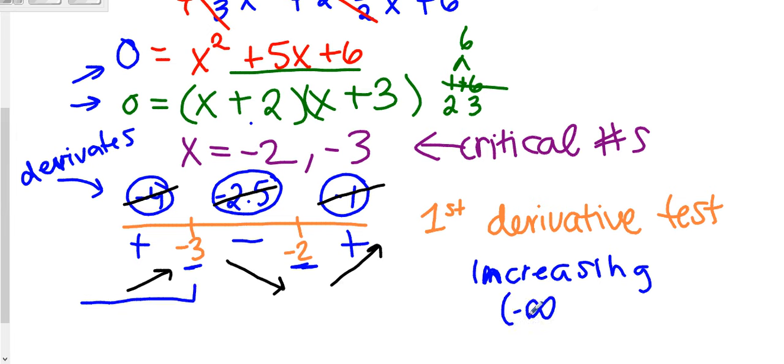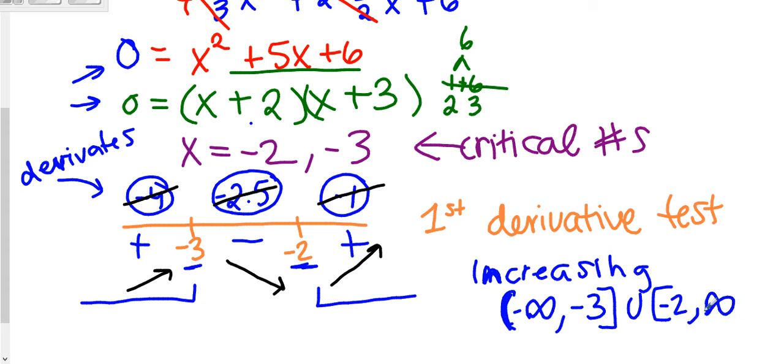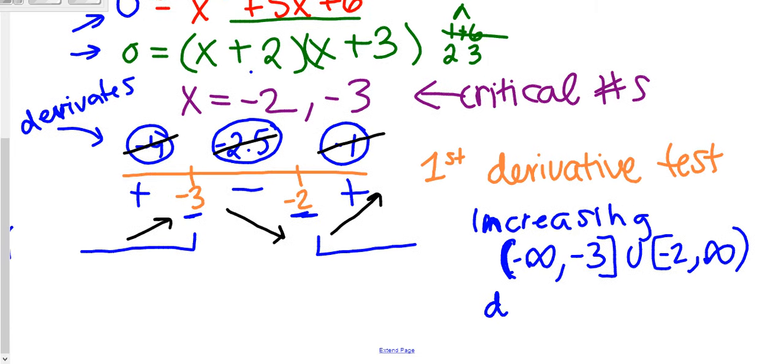We cannot include negative infinity. It is not a number, so it gets a parentheses. We can include negative 3, so it gets a bracket. And then it starts decreasing and then increasing again at negative 2. Negative 2 is a number I can include. And then it goes on to infinity. There's my increasing, and decreasing is just what's left in the middle. Just from negative 3 to negative 2.